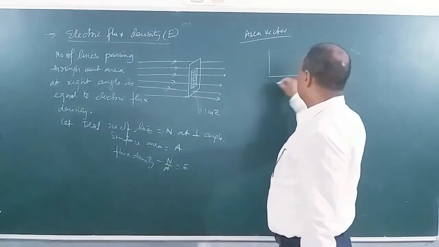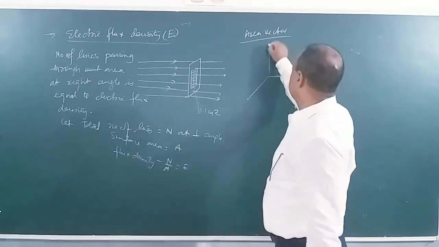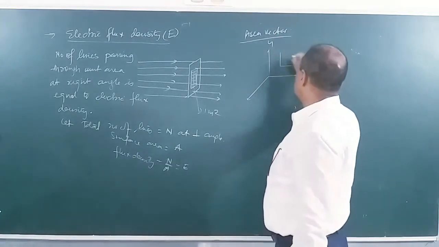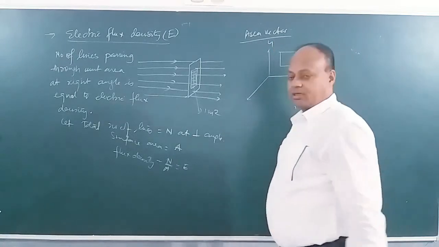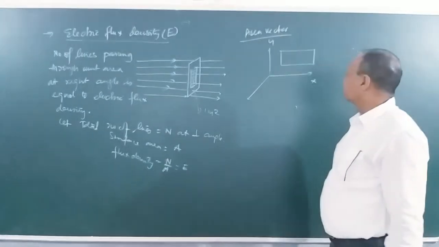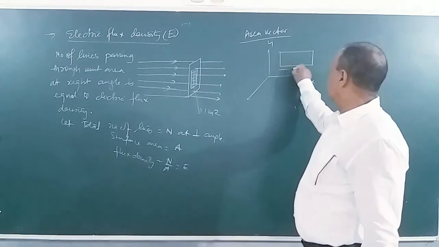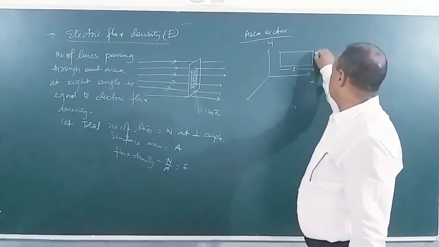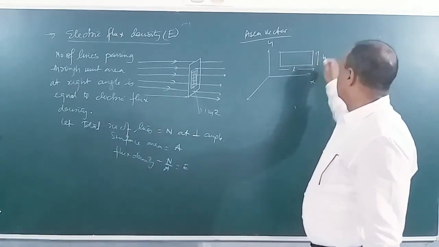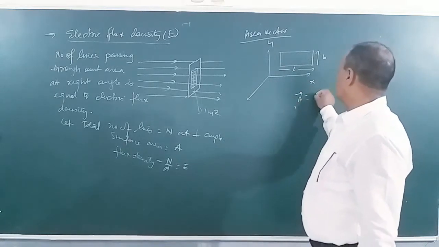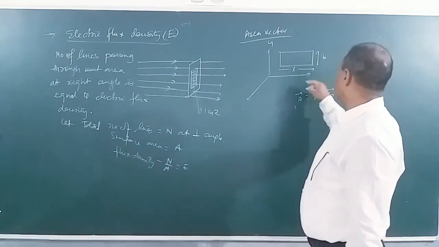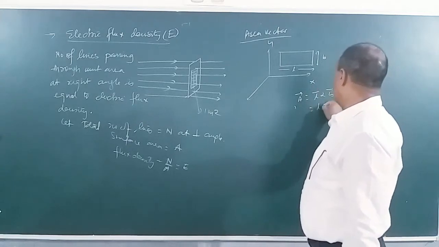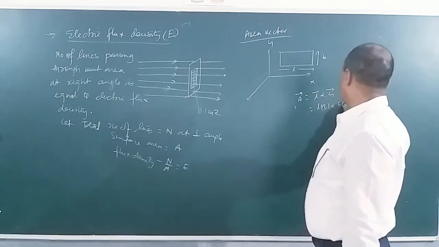Like suppose I consider the XYZ plane, and here I place a rectangle. Its length is L, breadth is B. The area is equal to L cross B. L is L i, B is B j.